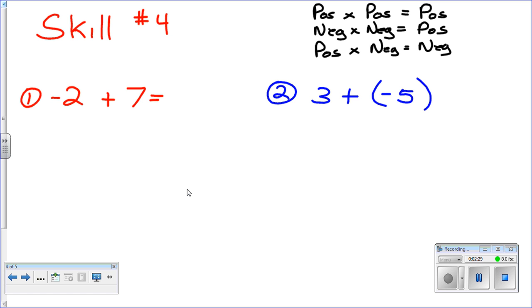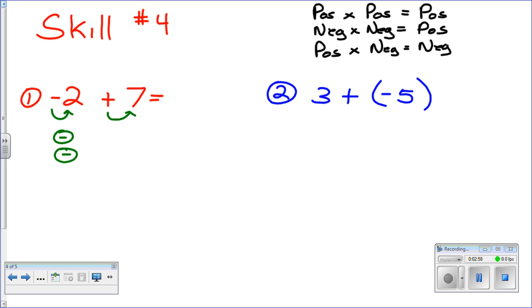I would like for my students to start to realize that this sign in front of the 2 implies that that number 2 is negative, a negative 2. And even though this plus sign we thought of as an operation sign meant to add, we can also think of it as the sign of the number next to it. That's a positive 7. And if I wanted to draw a picture representation of that using chips, I would draw a negative 2 as 2 circles with negative signs inside them.